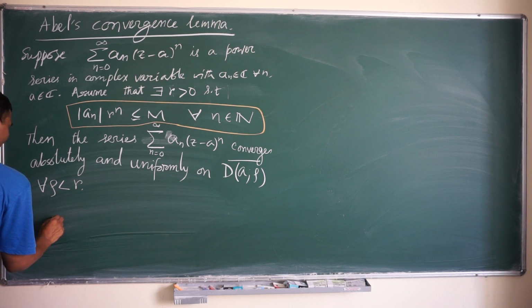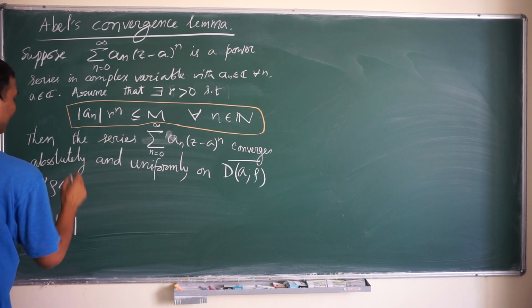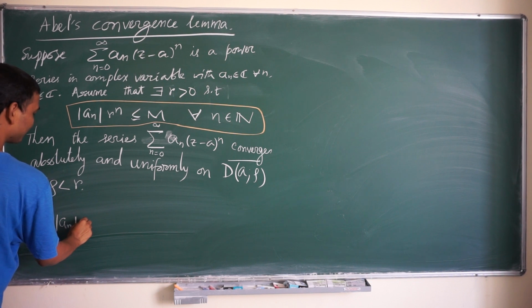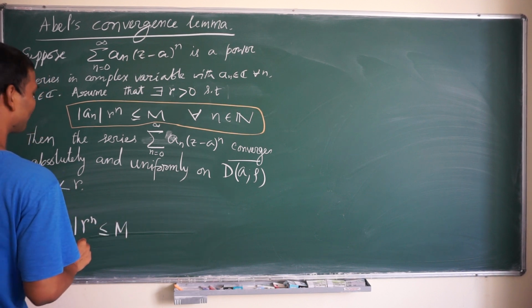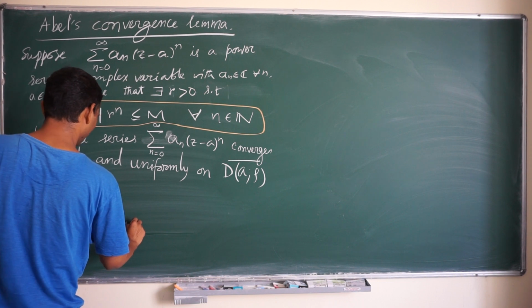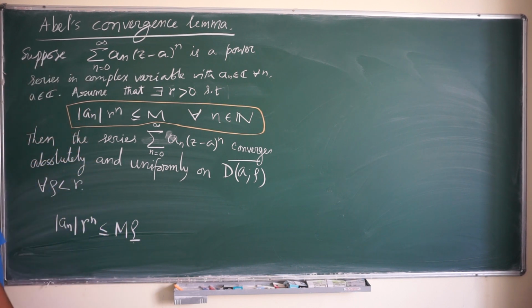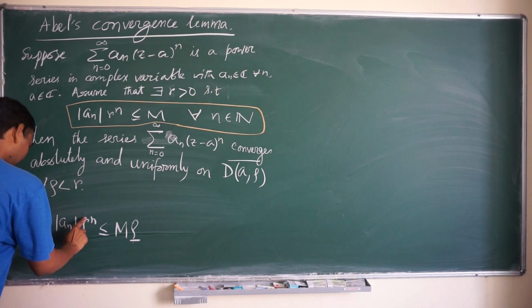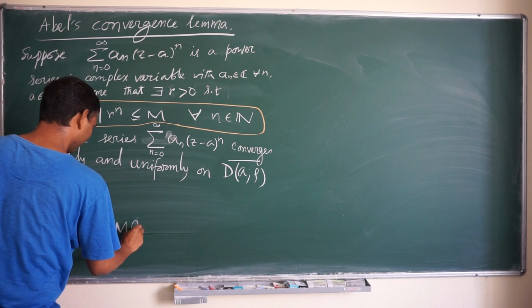So this is the explanation. Summation mod a_n rho to the power n is less or equal to M, so write it here, rho to the power n, so here rho by r.